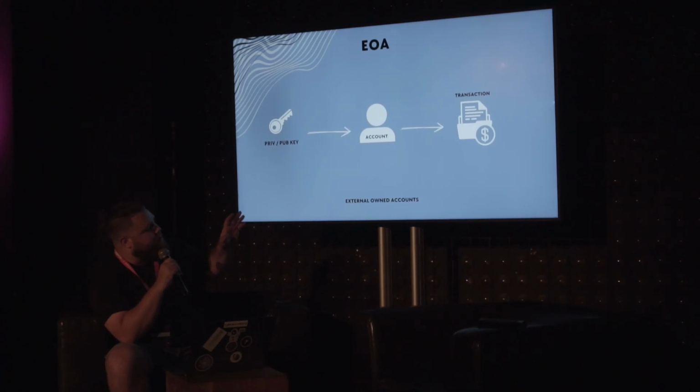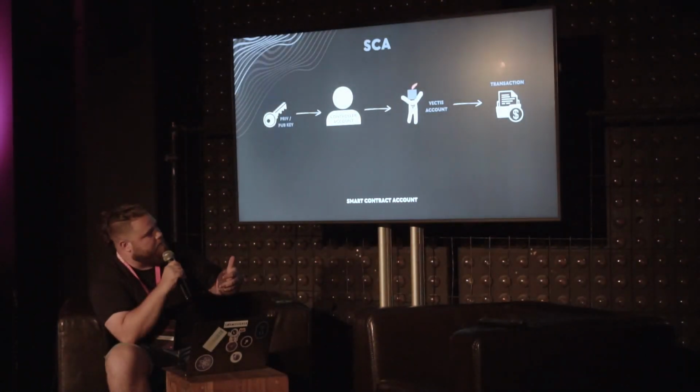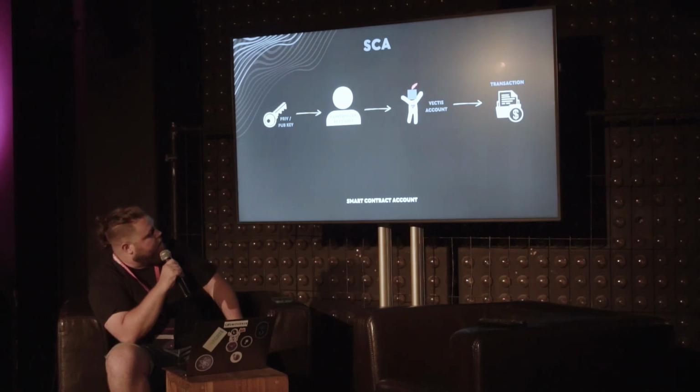You sign a transaction with this private key. That is like the regular flow we all know. With this account abstraction solution, we have a second type of account, which is a smart contract account.